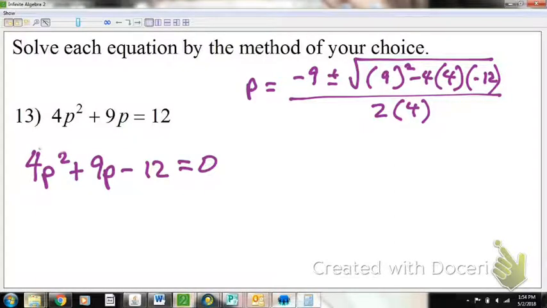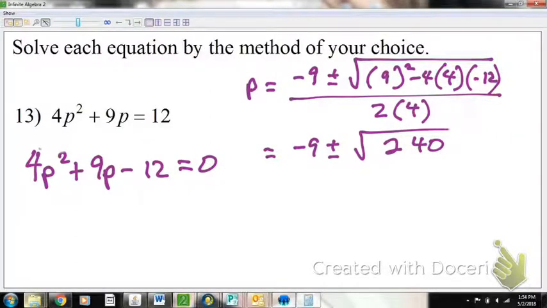I did not write the formula there just for the sake of time. Negative 9 plus or minus, we got 81 minus, let's say 48 times 4 is 160 and 32, 192. 48 plus 192, I'm drawing a blank. 48 plus 192 is 240.